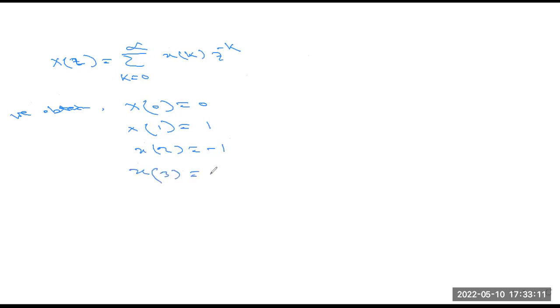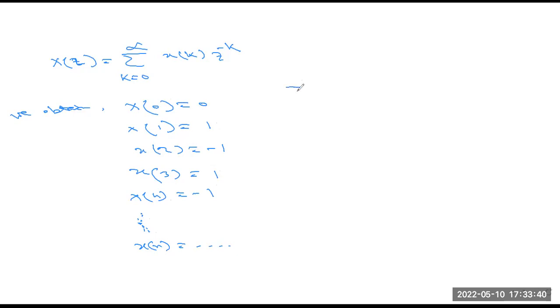Again it is positive, then x(4) equals minus 1. So this is basically dot dot, that is x(n). Here you can see this is the alternating signal. The sign changes, positive, negative, except the 0, that is the first one.